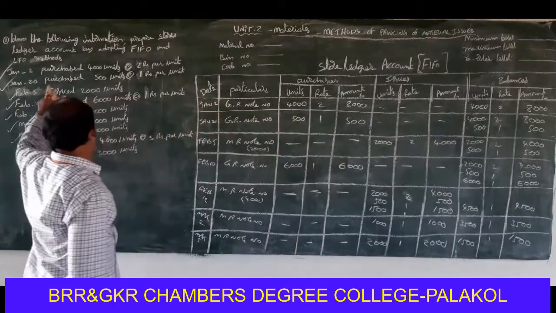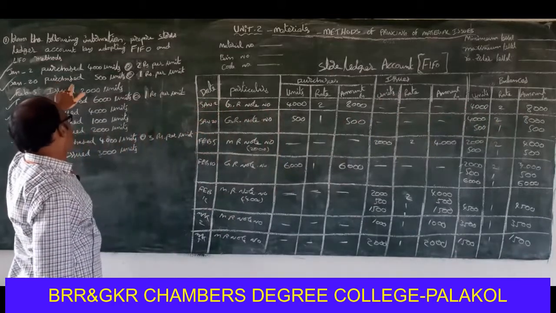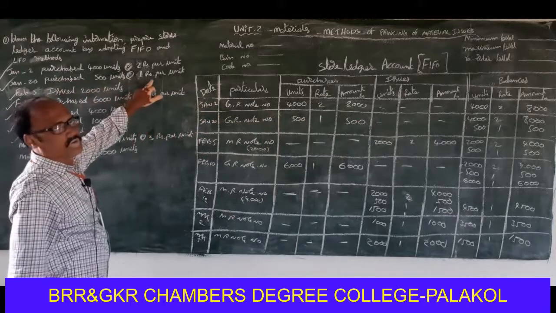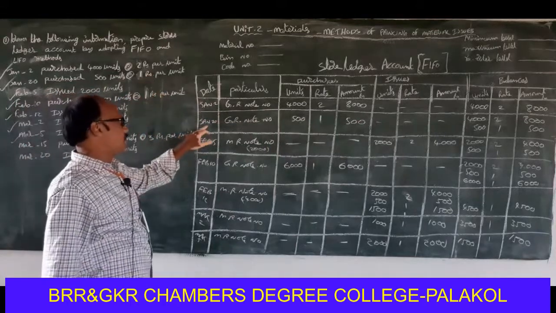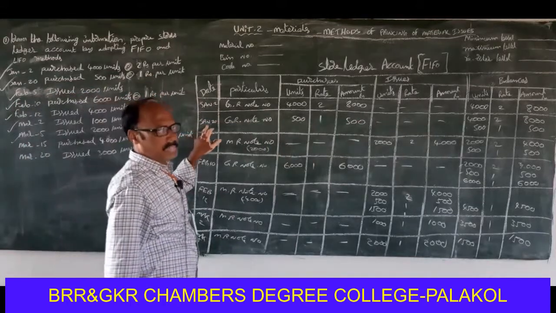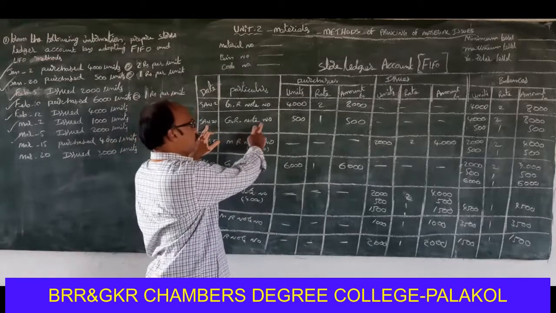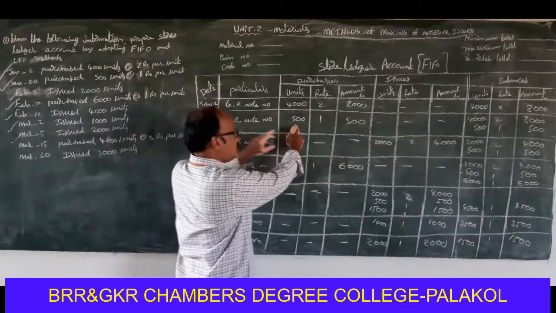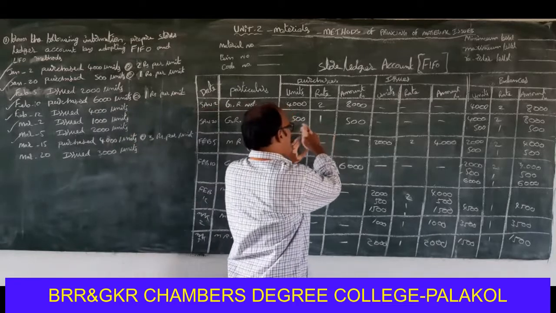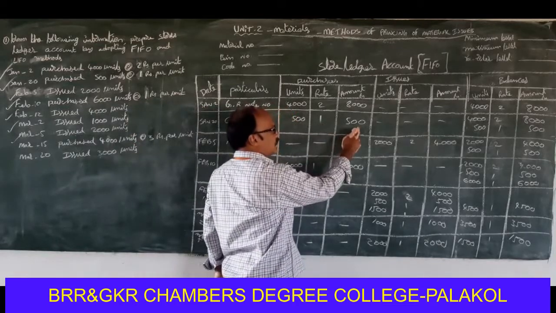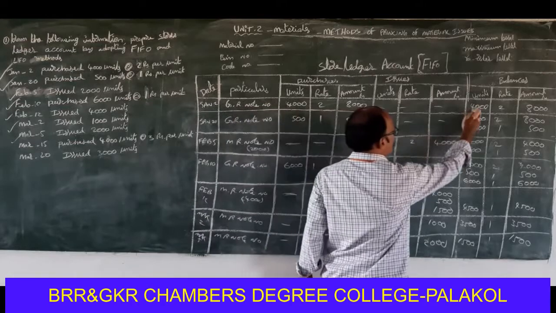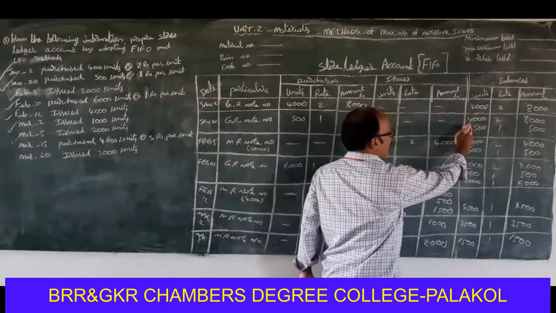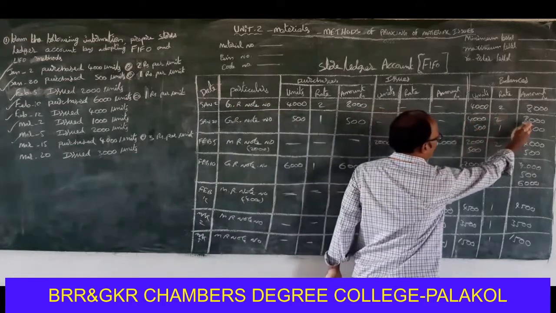Next, January 20th. Again we purchased 500 units at the rate of 1 rupee per unit. Purchases means GR note number. How many units purchased? 500 units at the rate of 1 rupee per unit, 500 into 1 is equal to 500. So already stock is available, 4,000 units at the rate of 2 rupees per unit, 8,000.